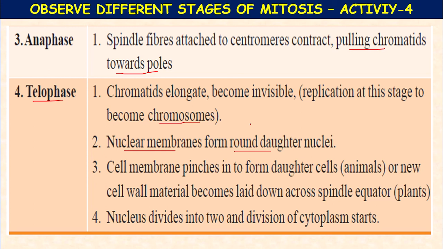Two daughter nuclei are formed by the end of telophase. Telophase is followed by cytokinesis. After the formation of two daughter nuclei, the total cytoplasm present in the parent cell is equally distributed to the two daughter cells.